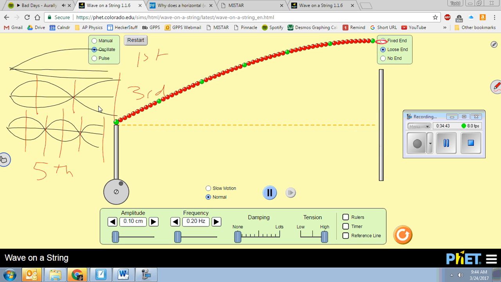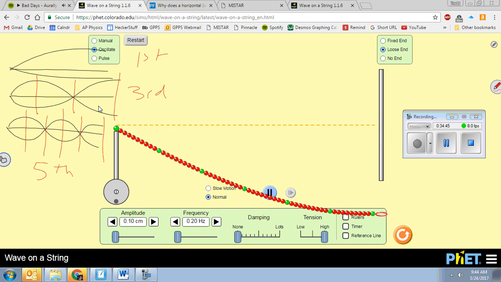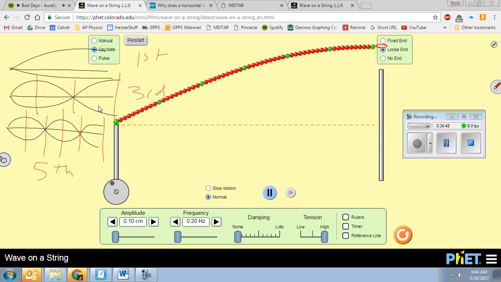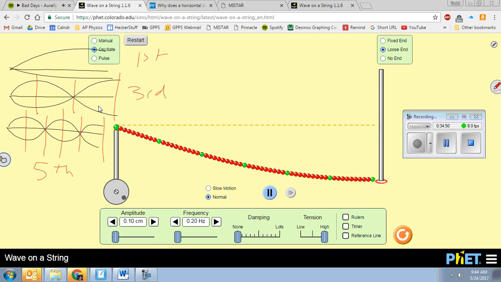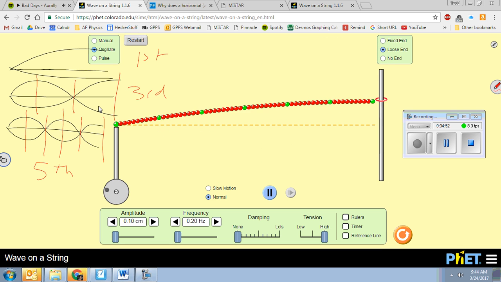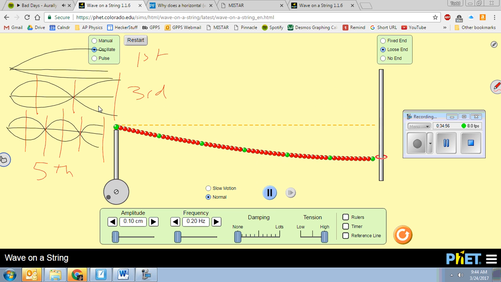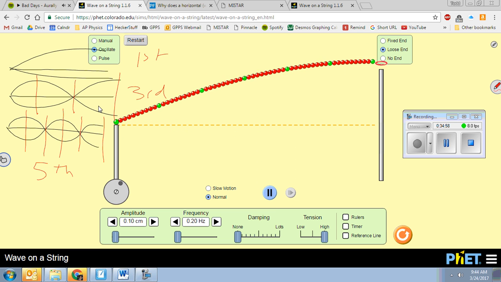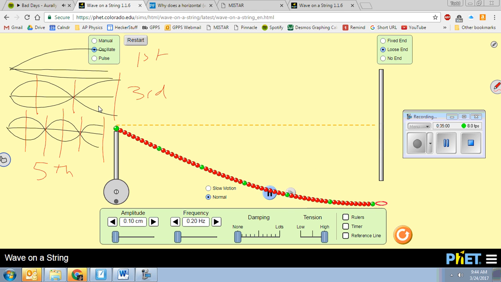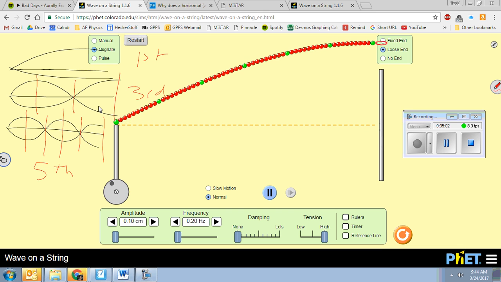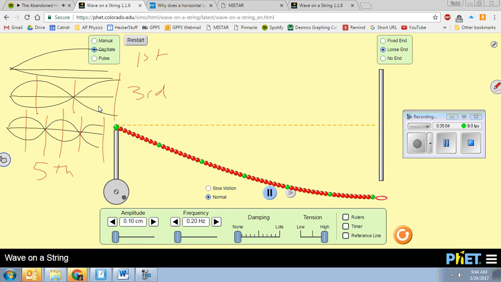I wonder what happens if I set it on fire. This is a column that is open at both ends.